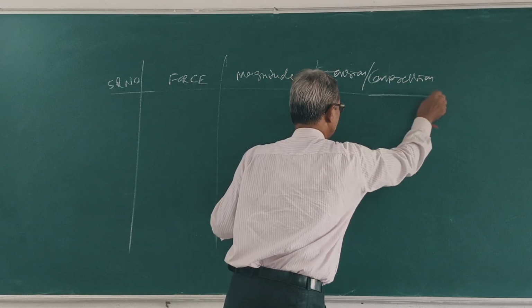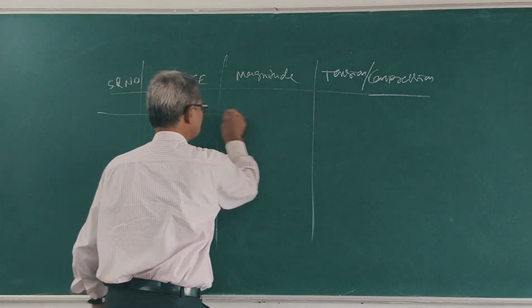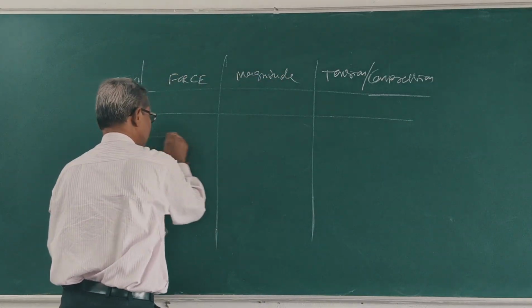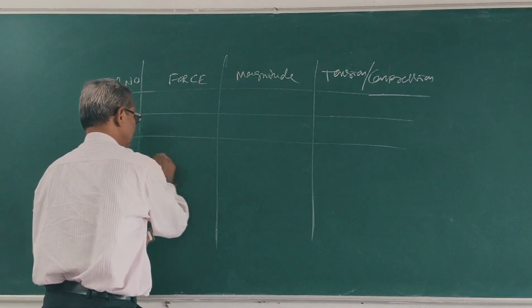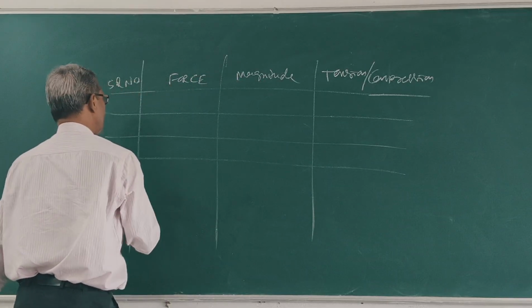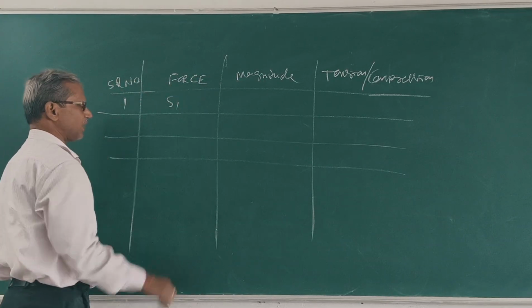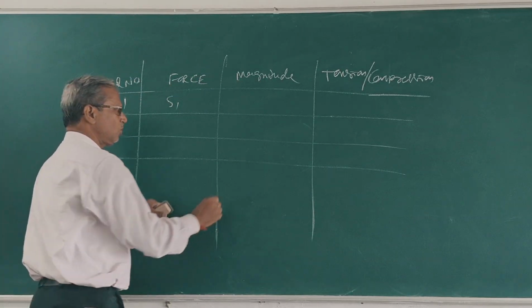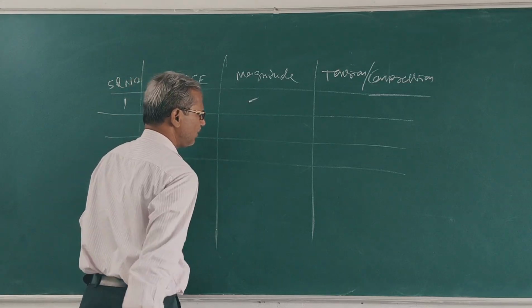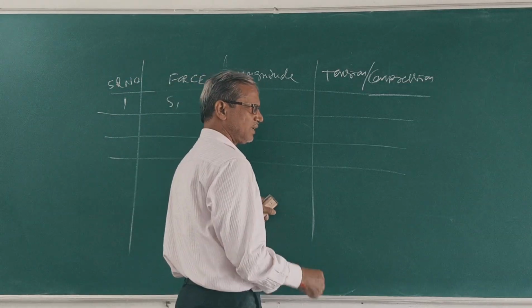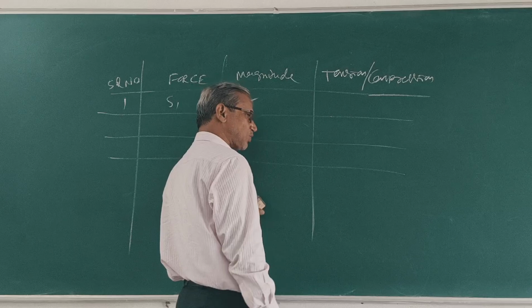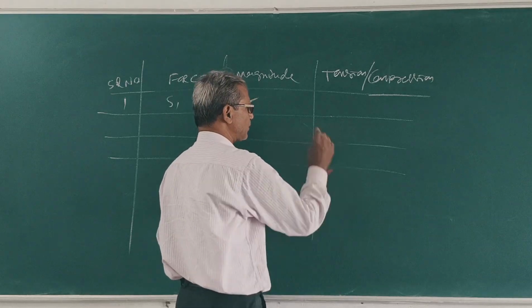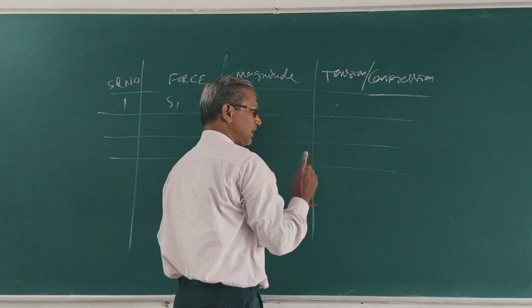Now our 7 number of forces, so make 7 lines. 1, force S1. What is the magnitude? You put the answer. Clear? What is compression? Negative force. Tension, positive force. Suppose our force is positive, so tension. Negative, put here compression. Clear?